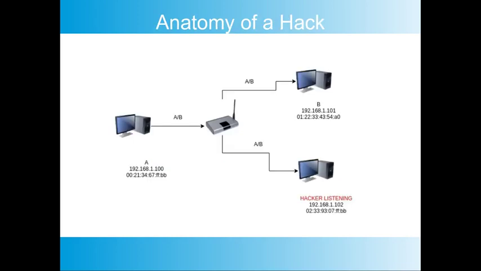This is just a slide illustrating the start of how MAC spoofing works. On the left we have our victim computer, which is computer A. We have our hacker listening over here with their assigned MAC address, which is different than the MAC address of our victim computer. And then we just have another random computer on the network here. This one also has a different MAC address.